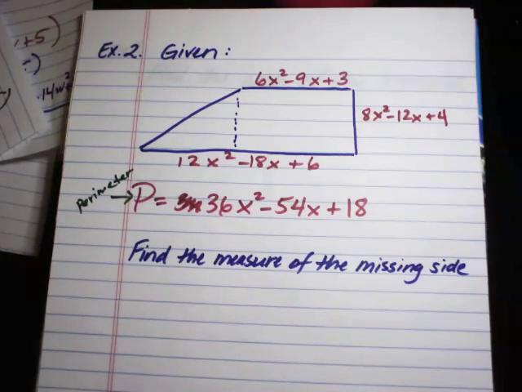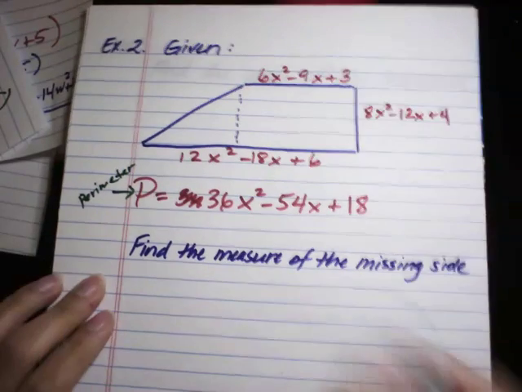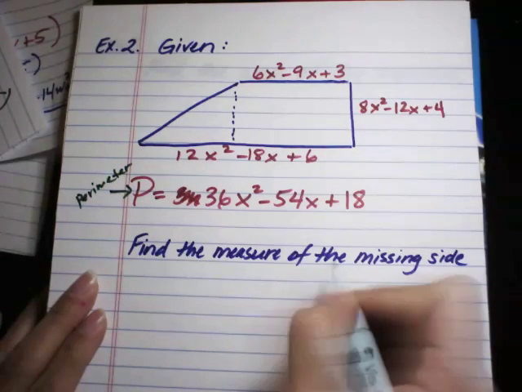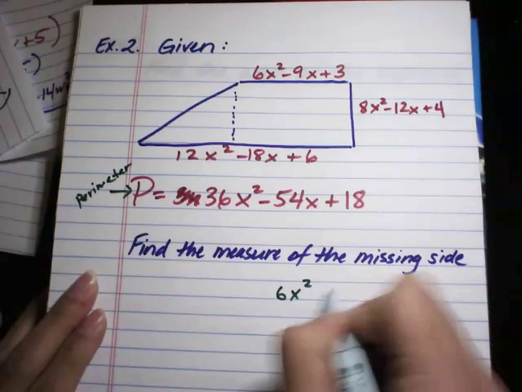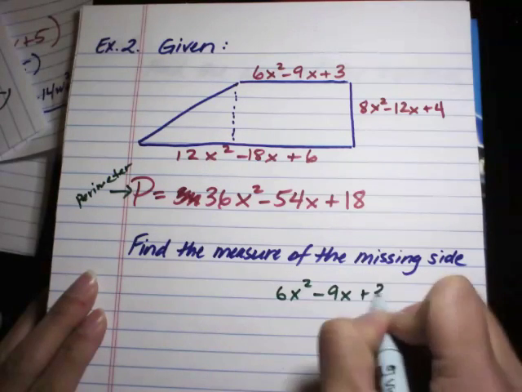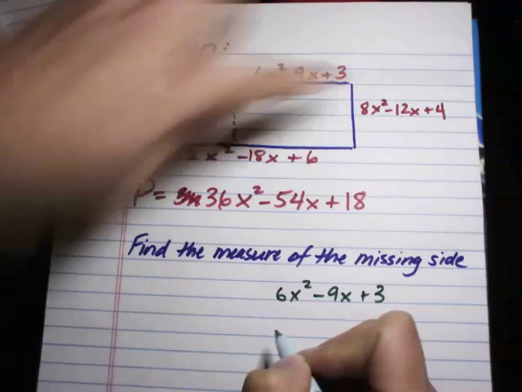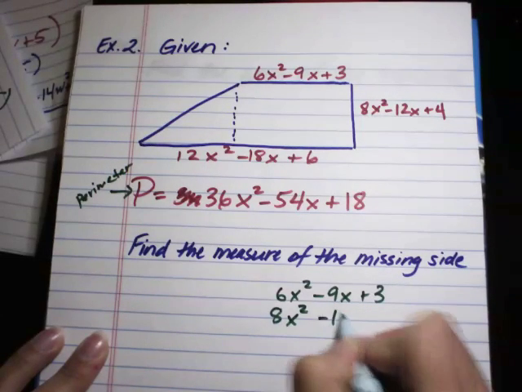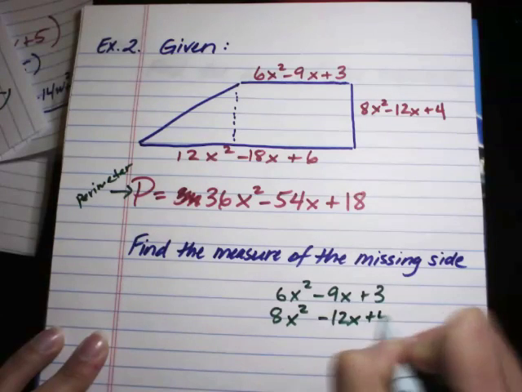I've seen the addition done a number of ways, but I'm going to line it up vertically. I'm going to start with 6x squared minus 9x plus 3. I'm going to add 8x squared minus 12x plus 4.